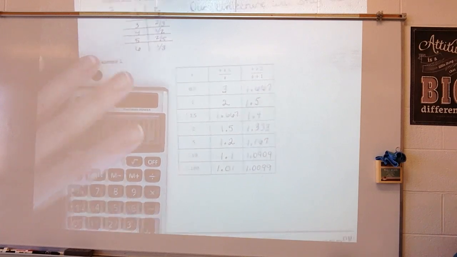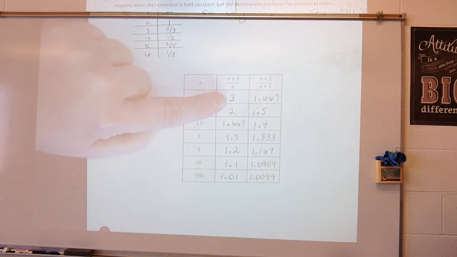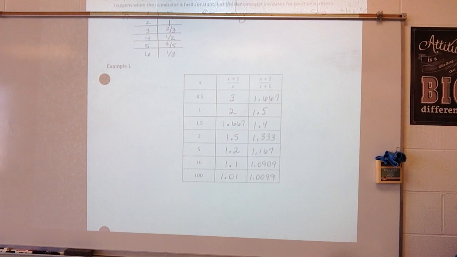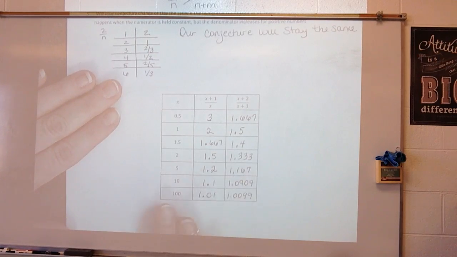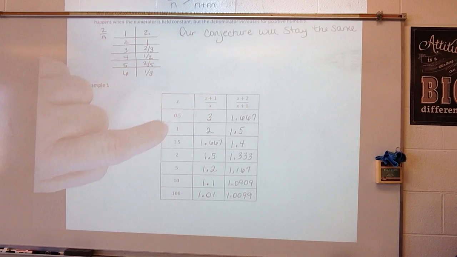Okay, so let's look at this. What did we realize? We realized that it holds true here also. Look at this. My values are decreasing in my tables. It appears, if I just look at this, that (x plus 1) over x is greater than (x plus 2) over (x plus 1).